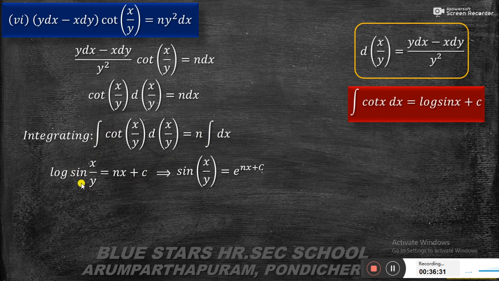Taking the exponential on both sides, the exponential and log cancel, so sin of (x/y) equals e^(nx+c). This is the solution for this equation. Here you read the formula: the integral of cot x dx is log sin x plus c, so I applied it, giving log sin of (x/y).